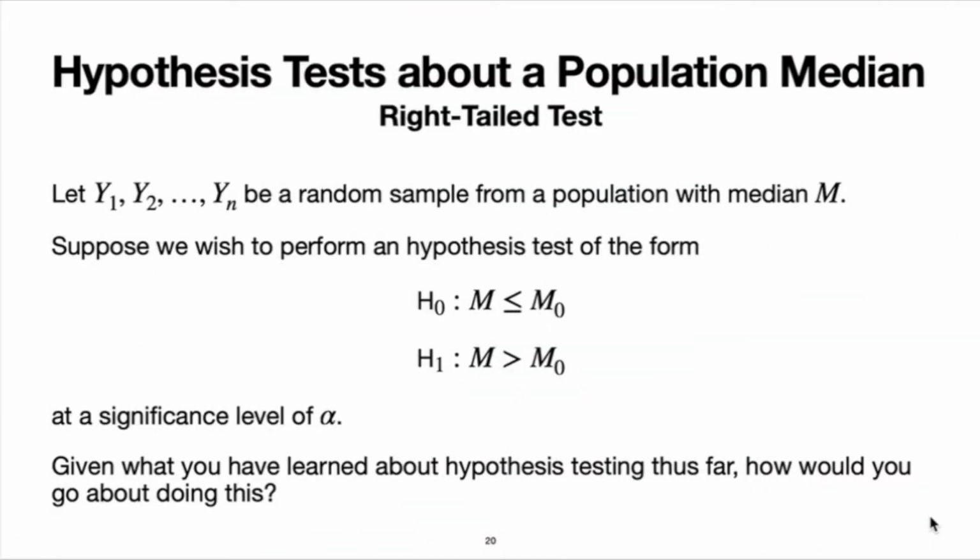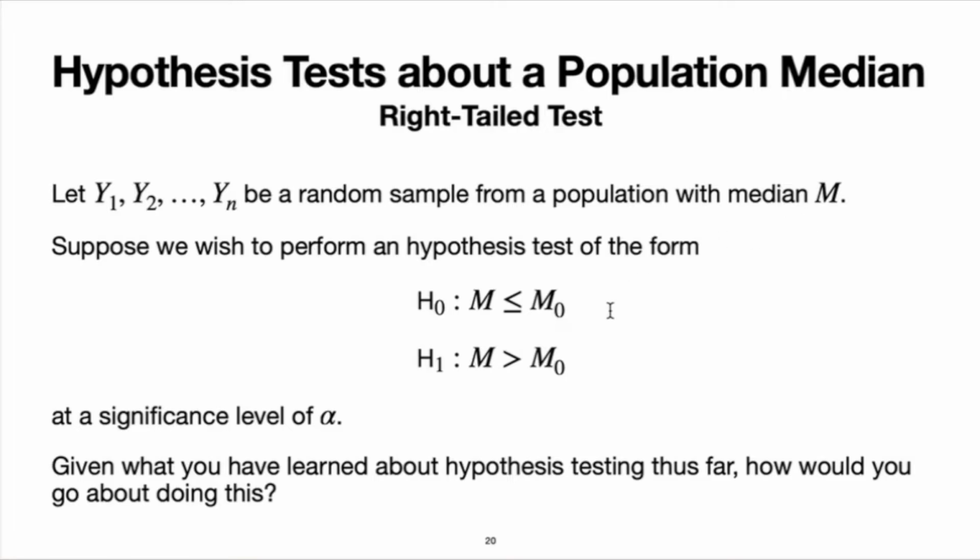Okay, so let's look at the setup here. Let y1, y2, and so forth out to y sub n be a random sample from a population that has a median of cap M. And suppose that we wish to perform a hypothesis test of this form.